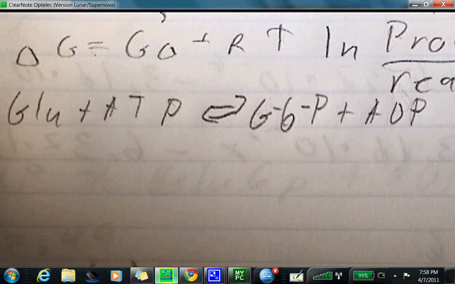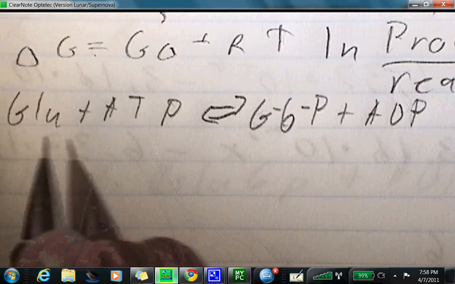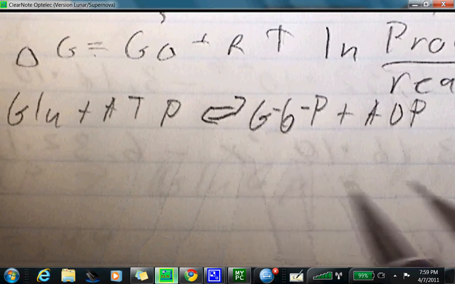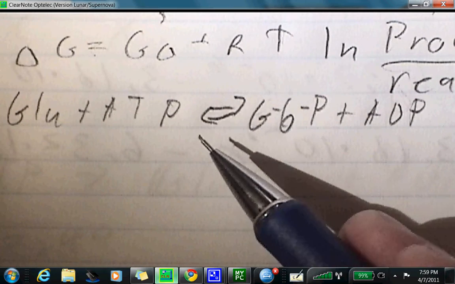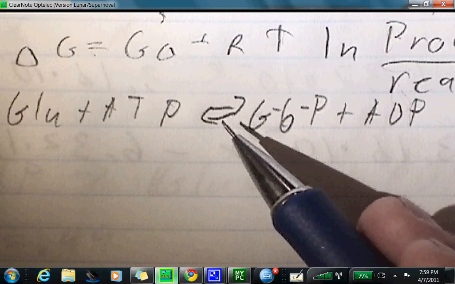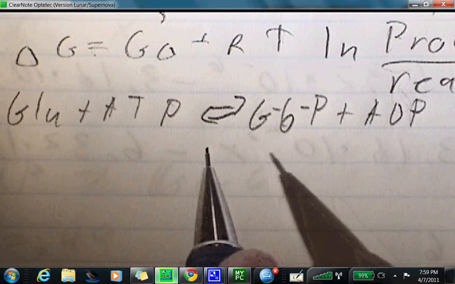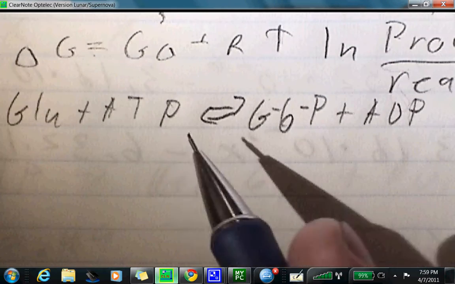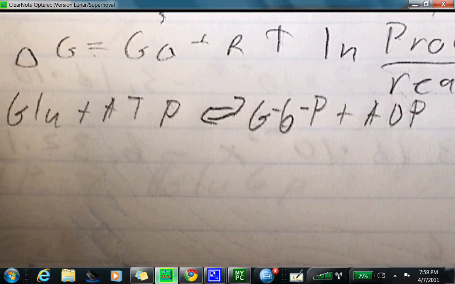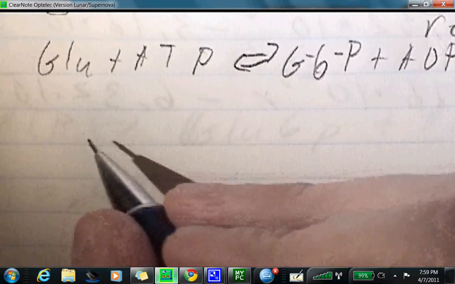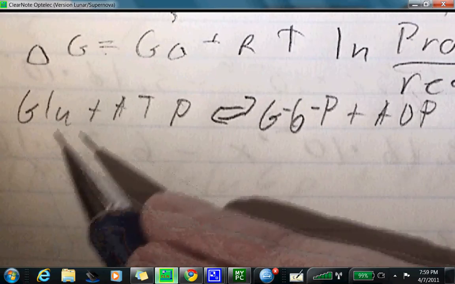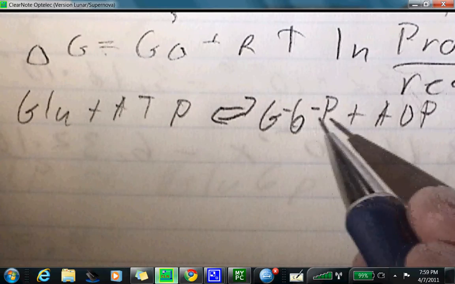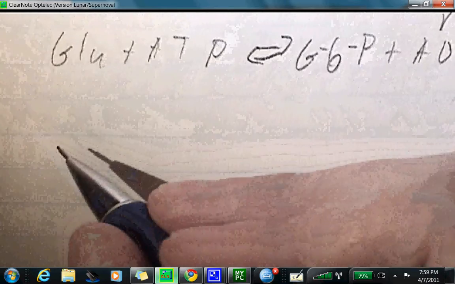Basically, this reaction is going negative, so to make it go this way, we need to make our delta G positive. But the actual point at which it switches from negative to positive is 0. So that's what we have to calculate for: when our delta G is actually 0, because that's the point at which the concentration of glucose 6-phosphate is going to force this backwards.